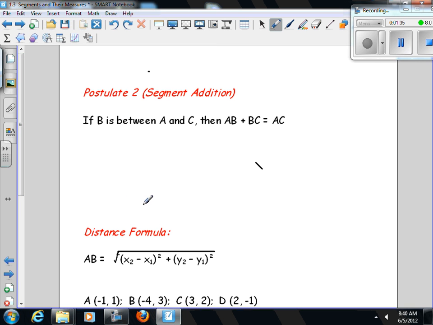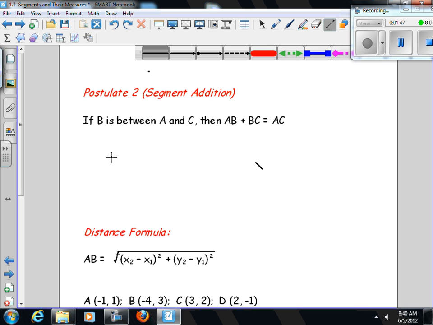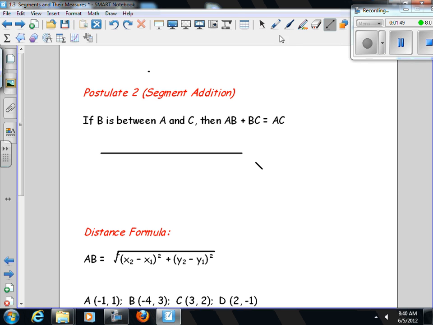Postulate 2 is the segment addition postulate, which basically says if B is between A and C, then AB plus BC equals AC. So just kind of trying to write that again like what we just had.